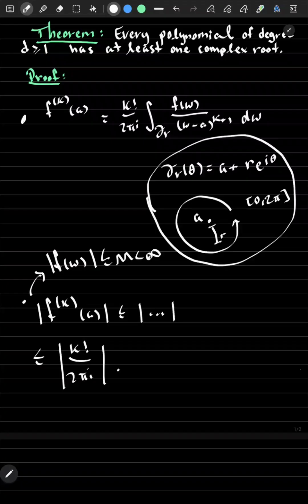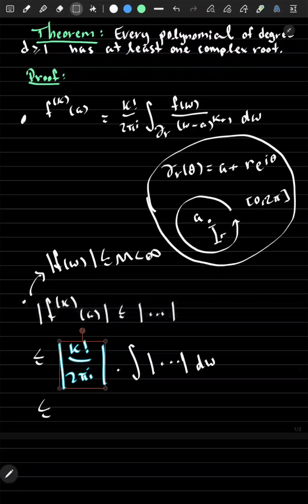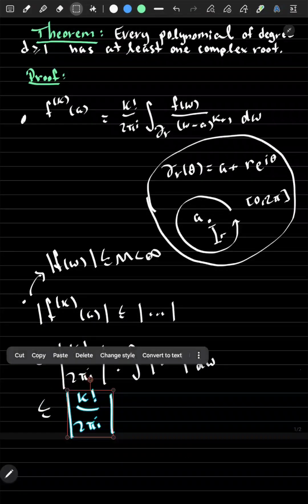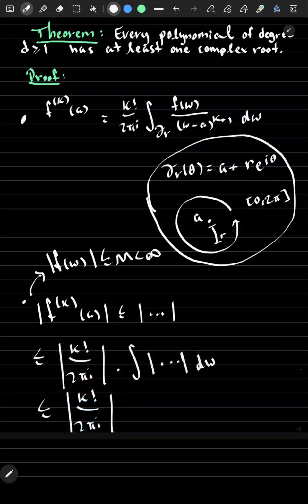Since f is bounded, we can use that to say that we have the integral of the absolute value of the integrand here, which is going to be less than or equal to this, where you can pull that f of omega out to get this.